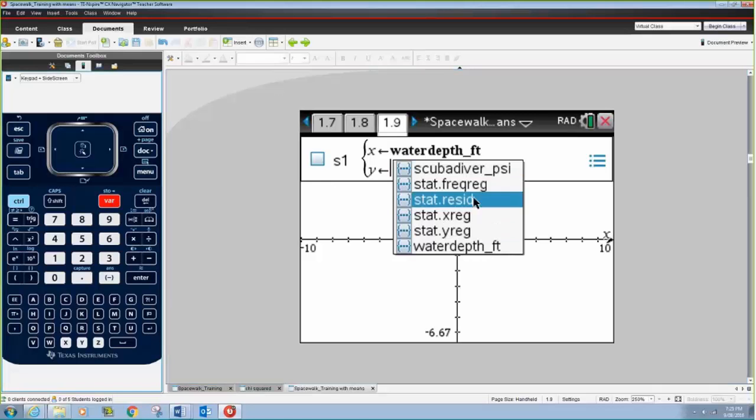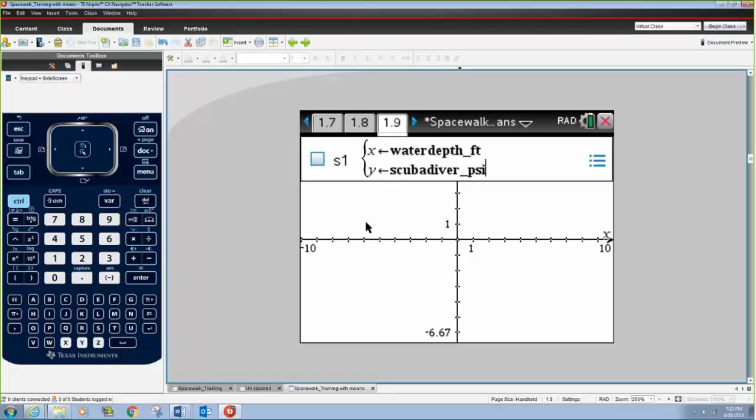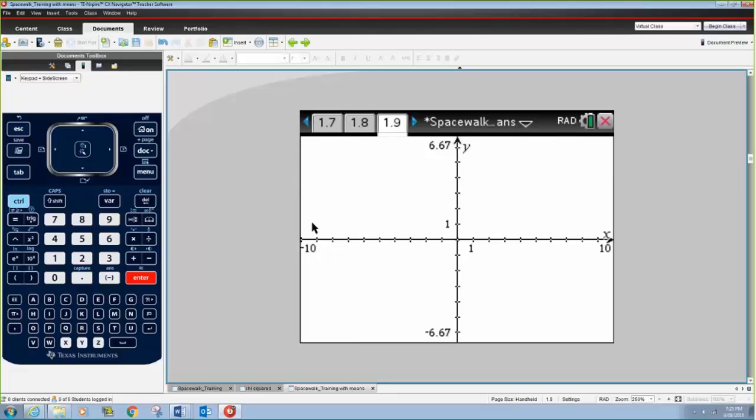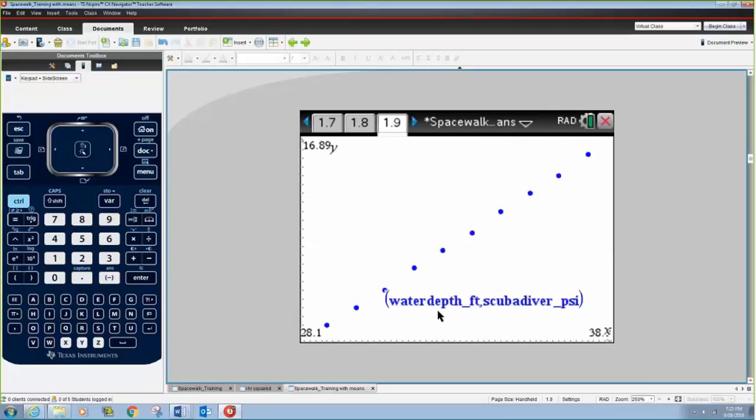let's say we'll do, that only allows me to do one of those. Okay, we can do it here because it has different problems. And I can't see anything, so I try to go window and zoom data fit.